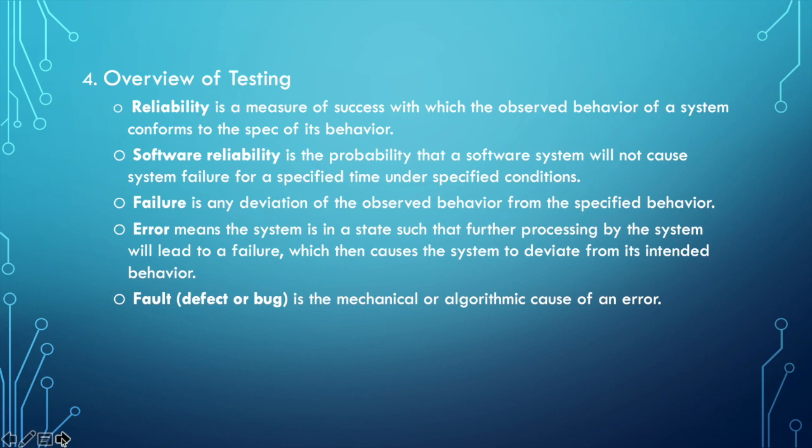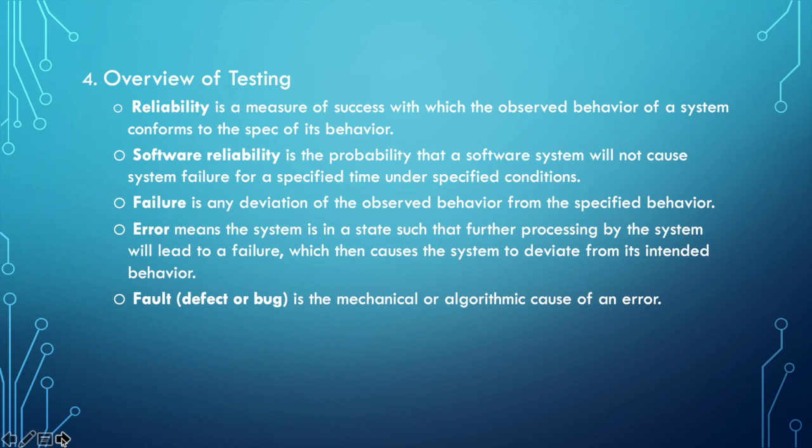That's what we want to avoid: failure. Failure is a deviation from the specified behavior. Error means the software hasn't failed yet, but it is in a state that could lead to a failure. We need to avoid that too, because it may lead to a failure condition.